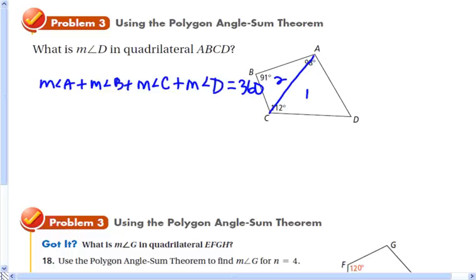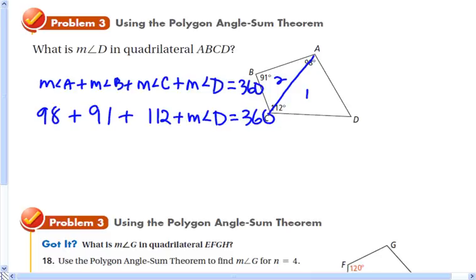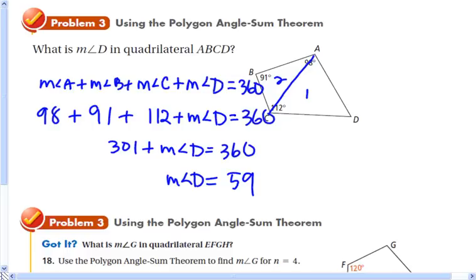And so we can substitute for A, 98, for B, 91, for C, 112. And we can combine all of those numbers together and we get 301 plus the measure of angle D is equal to 360. So the measure of angle D is equal to 360 minus 301, which is 59.